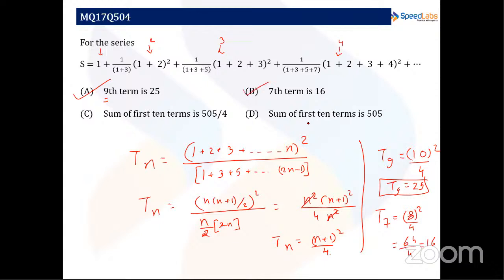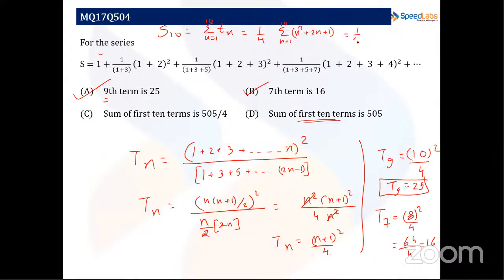Now we need to find the sum of first terms. So we can see here that the sum of first 10 terms would be S10 equals summation Tn from n equals 1 to 10. So that would be 1 by 4 summation n equals 1 to 10 of n square plus 2n plus 1.